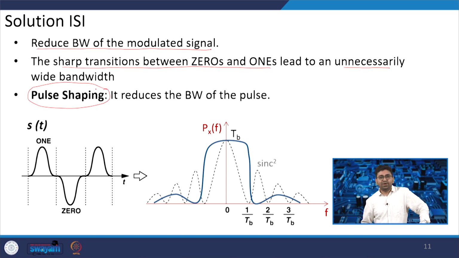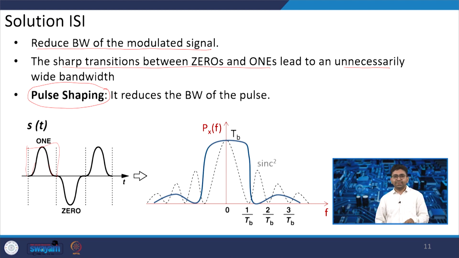We do not transmit the signal as a sharp transition between 1 and 0, we pulse shape the digital signal. Previously the 1 looked something like this, but with pulse shaping we have made the 1 something like this. So, we need to use pulse shaping in order to reduce the inter-symbol interference.